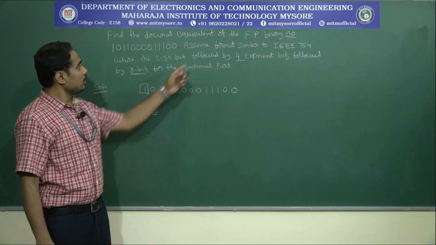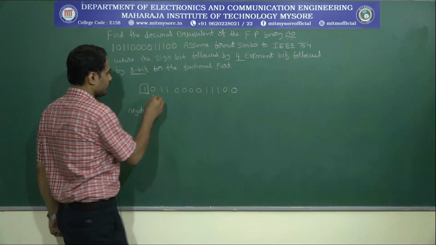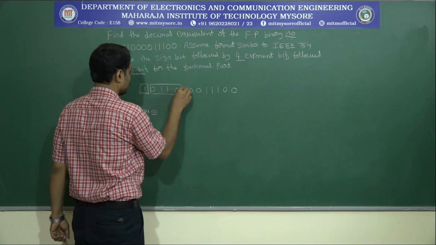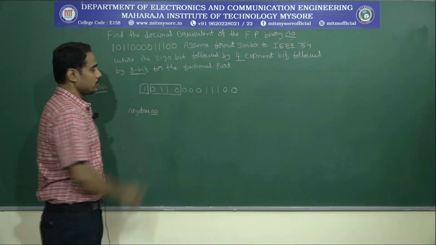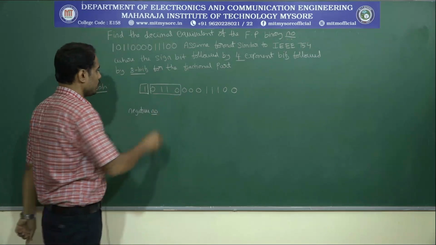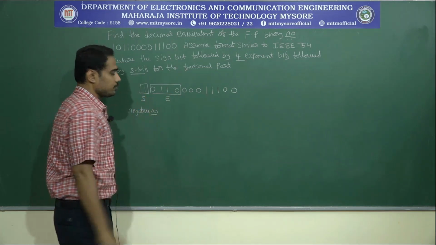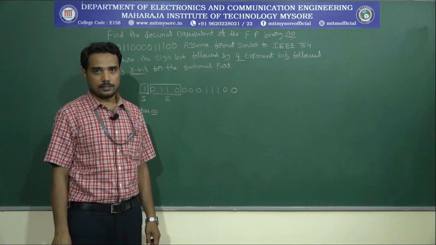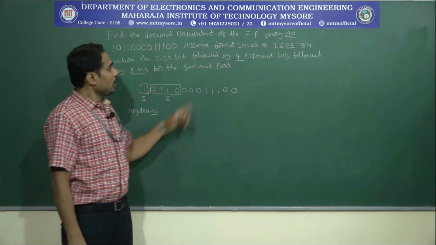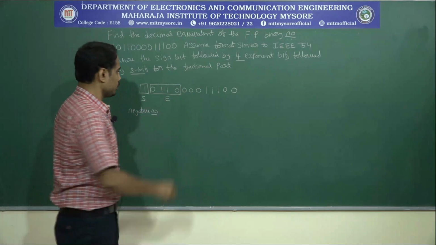Further, it is followed by 4 exponent bits. That means from here to here we are having 0, 1, 0. This field is meant for exponent. I can write S here, indicating the sign, E indicating exponent, which is followed by 8 bits for the fractional part.